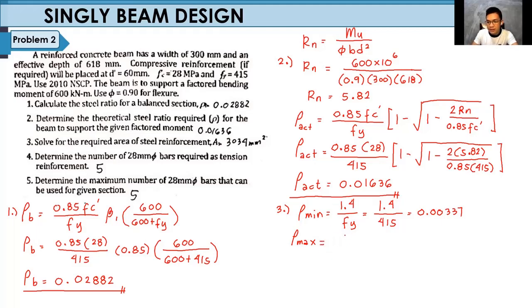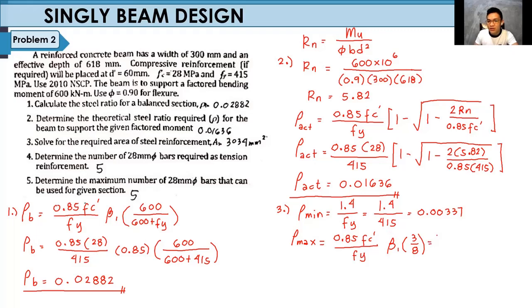Raw maximum natin is 0.85 multiplied by fc prime divided by fy. And then beta natin, then multiplied by 3 over 8. So that is equivalent to, substitute mo lang yan, di ba?